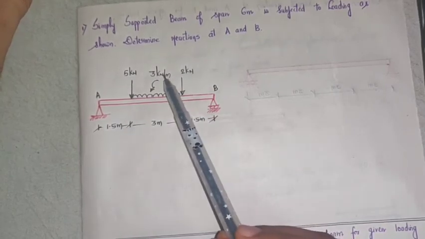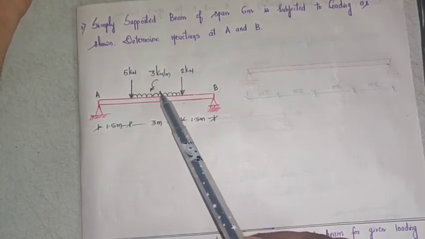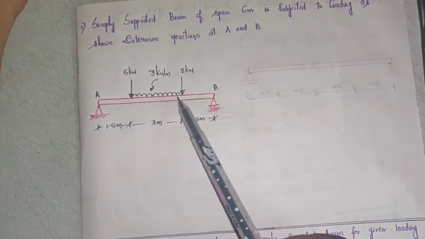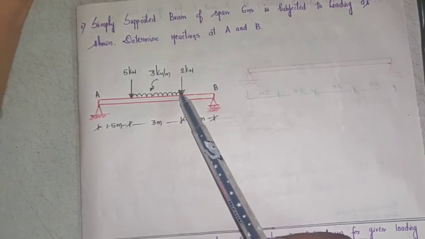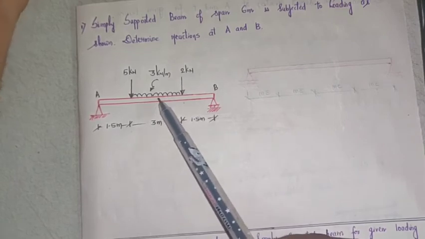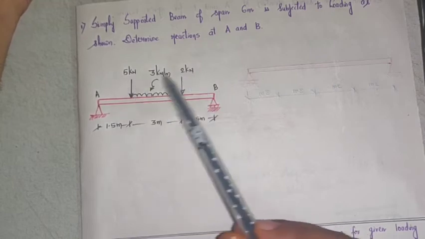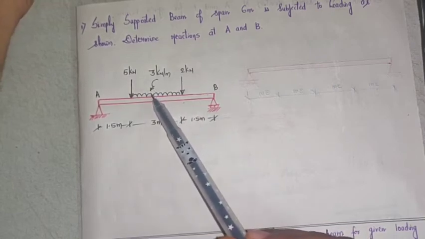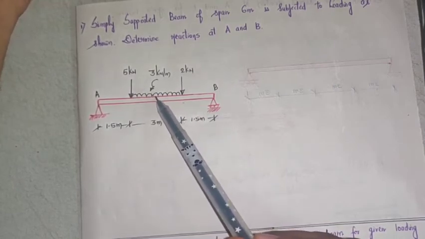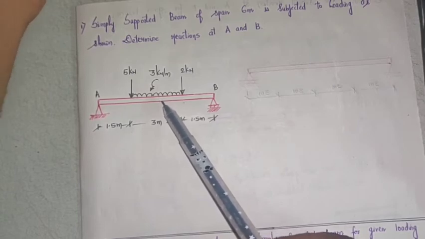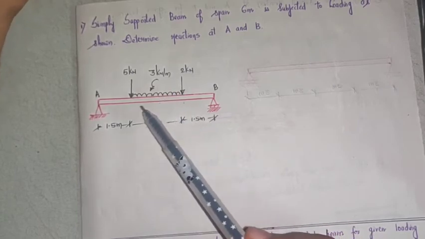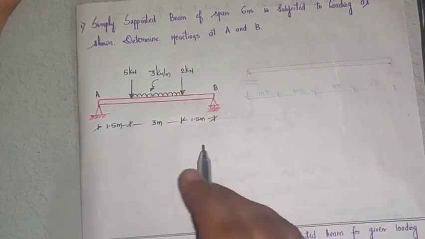Also we have intensity of load, that is a uniformly distributed load. So we have 2 categories of loads acting on the beam, the point load and the uniformly distributed load. In total we have 3 loads acting on the beam.